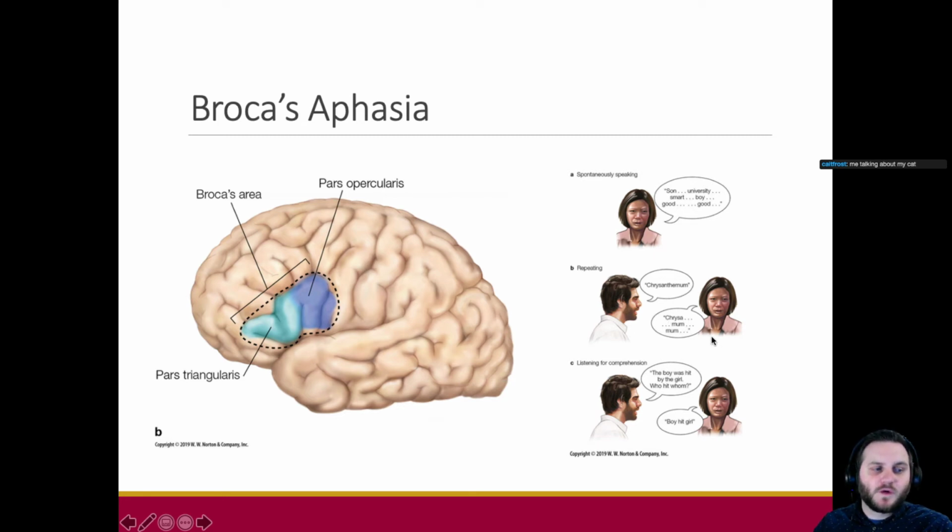And the patient will struggle with articulating such a hard multisyllabic word. Chrysanthemum. Because the production part is just not there. And this can all the way go down to the production at the tongue.